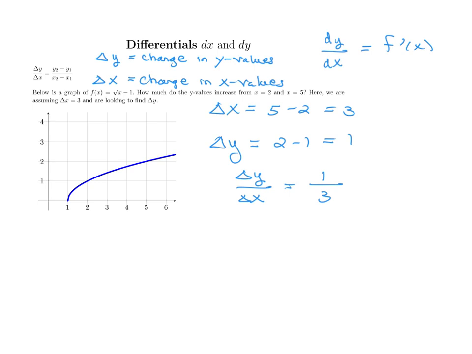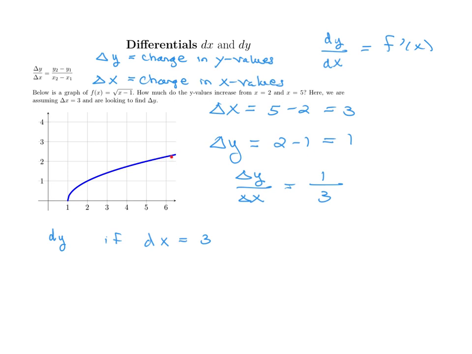Now let's ask the question about how the x and y values on the derivative are changing. That is, I want to compute dy if dx is equal to 3. So if we go a distance of 3 for x, how much does the derivative at this point change by?